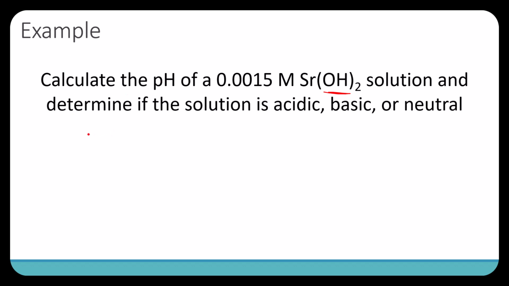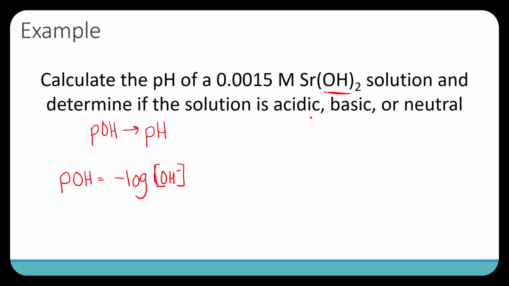To get to the pH, we're going to first calculate the pOH and then get ourselves to pH. So pOH, again, is the negative log of hydroxide concentration.